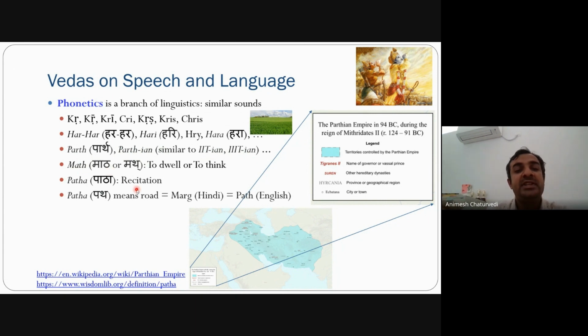Path means recitation or keep on studying that thing. Path also relates to road, or the Parthian Empire, for example, which was in the west of India, related to Parth, and it was there in 94 BC, 128 to 91 BC.